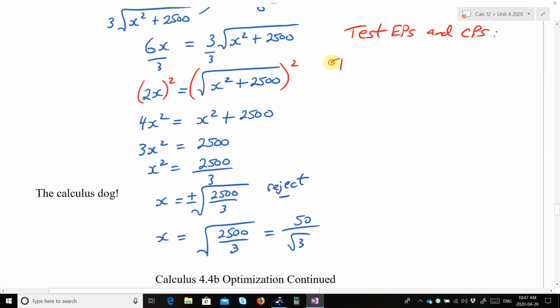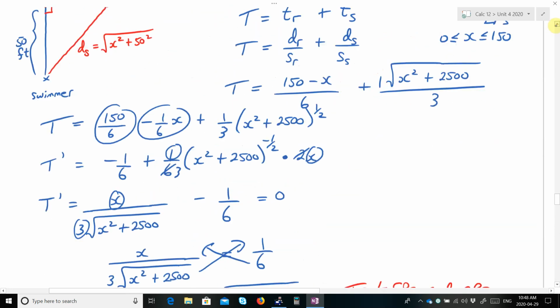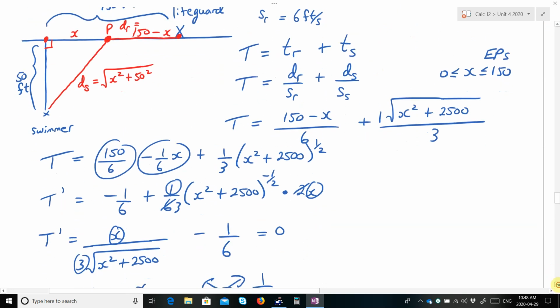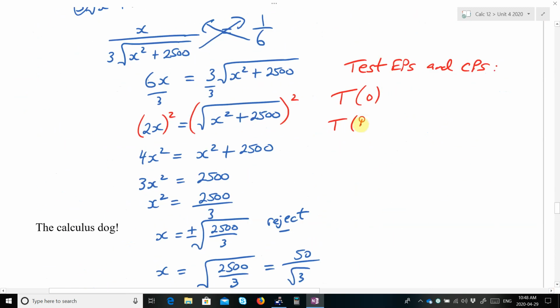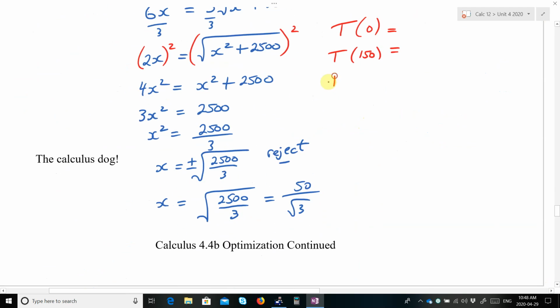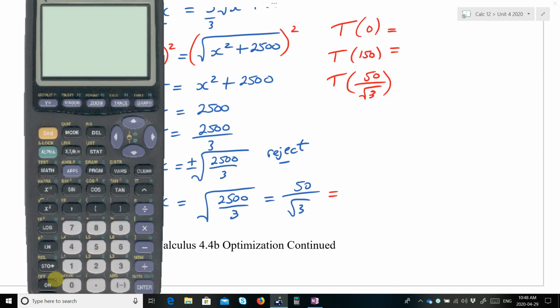We are interested in how long this takes when x is 0. What was my interval up here? Between 0 and 150. How long this takes when x is 150. And the time for our critical point, 50 over the square root of 3, which is 28.9.